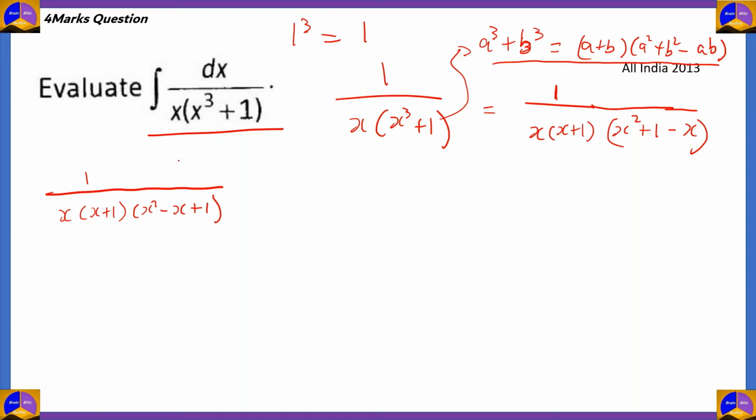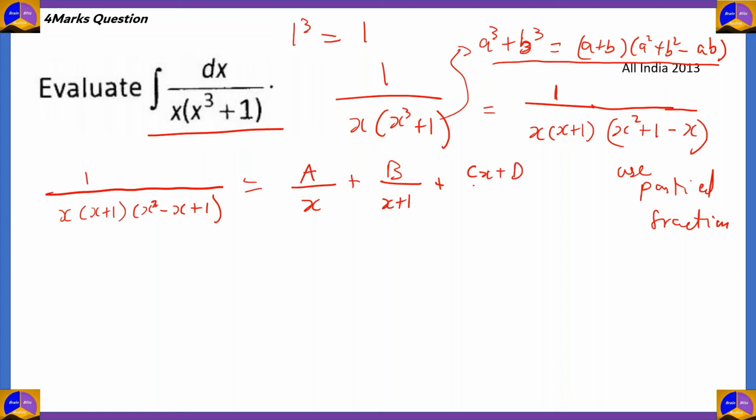Notice that once again, we can use partial fractions. So in this case, we get a by x plus b by x plus 1 plus, and since in the third part we have x squared, the numerator will become cx plus d divided by x squared minus x plus 1.